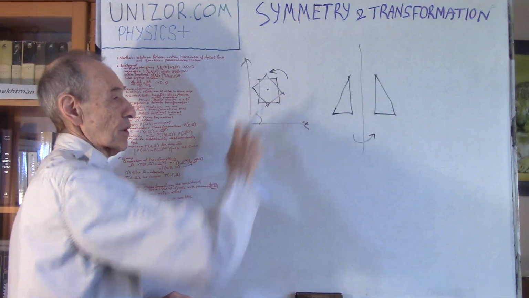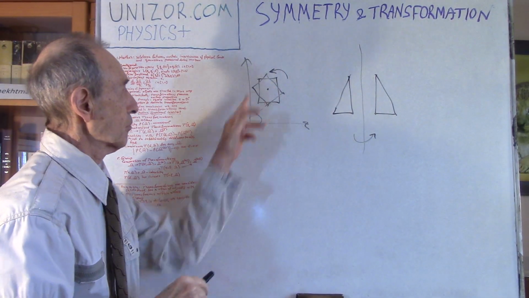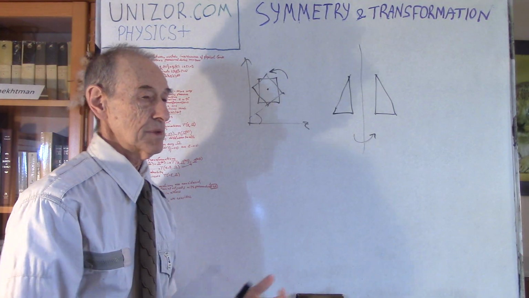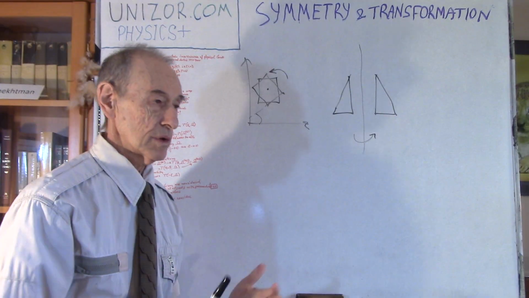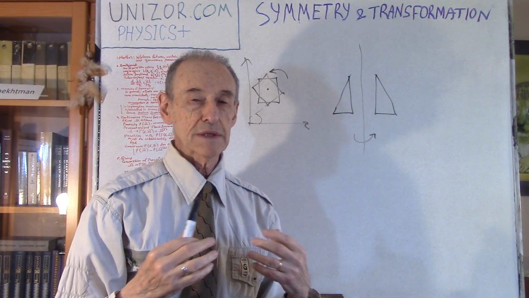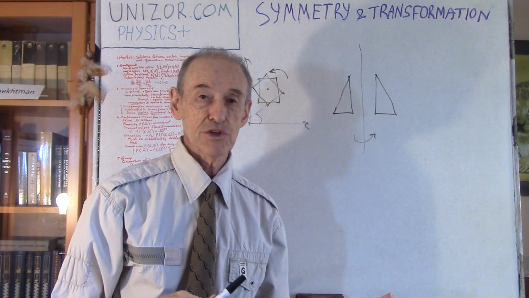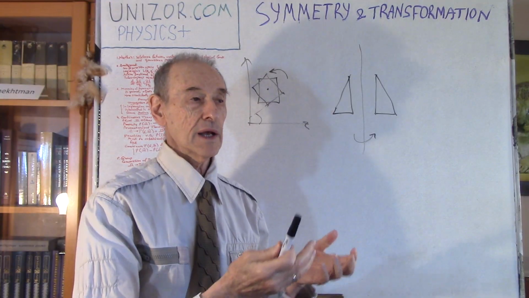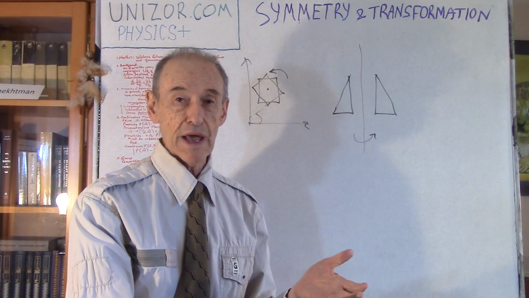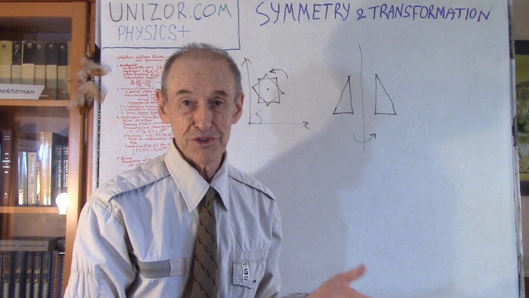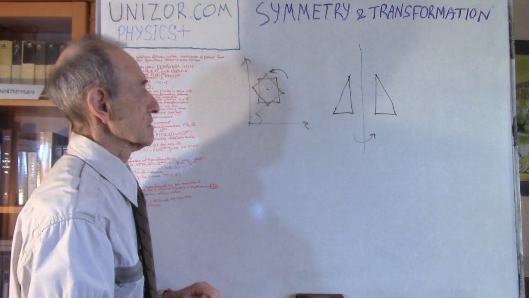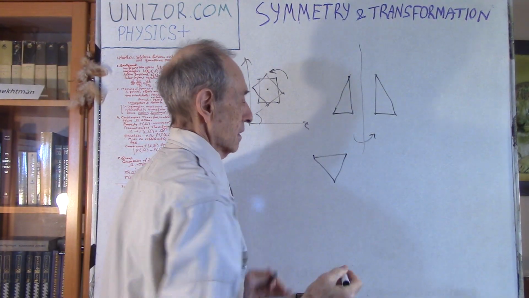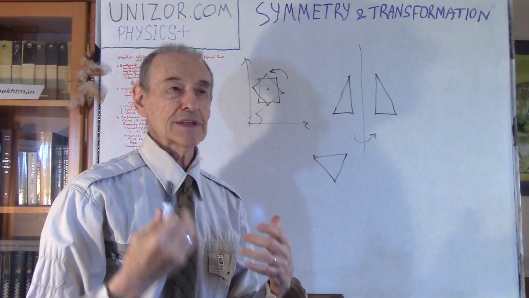I'm rotating one square around the same center point to get into the position of another square. So similarity almost always should be considered in relationship with a certain transformation. A transformation of one object into another produces a certain similarity if it's a good transformation. Now, obviously, the transformation of this triangle into this triangle is not really a transformation per se.